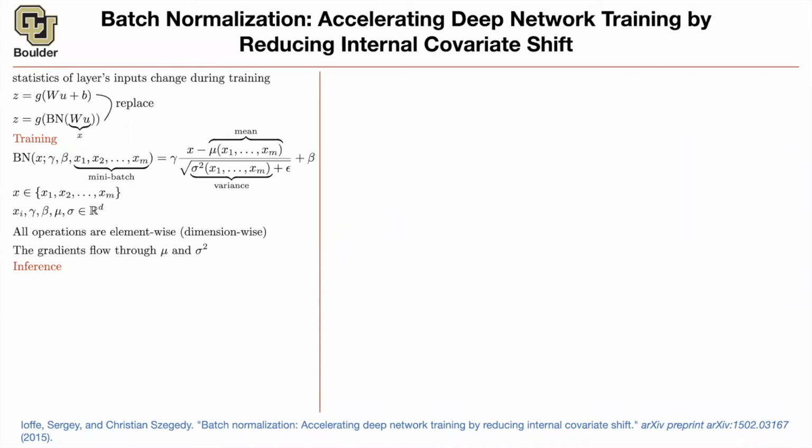For inference, we don't want things to be random. We want things to be deterministic. So we need to have only one mean number here that is batch independent, and one variance number here that is batch independent.